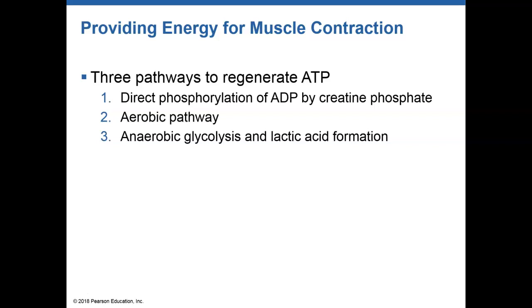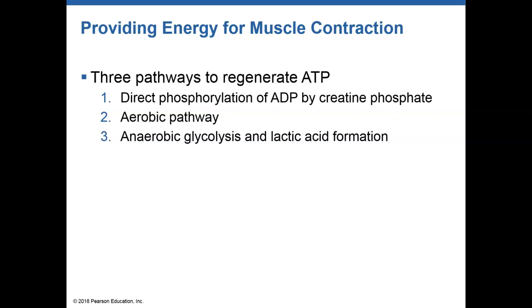What creatine does is it holds the phosphates from ATP and allows us to store a lot of ADP in our muscle fibers. And then when we need a really quick boost of energy, we can add phosphate to ADP, producing ATP.